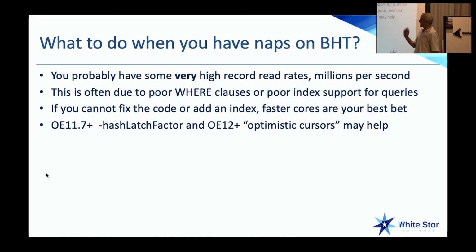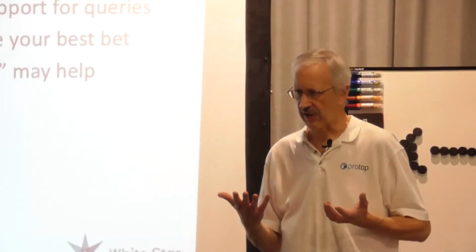If you have BHT naps, then you have managed to get past the LRU bottleneck, so that's good. You're already in a good place, but you're now on the next bottleneck. And that means that you almost certainly have some very, very high read rates. So the first thing you should do is start looking at why you have these very, very high read rates.